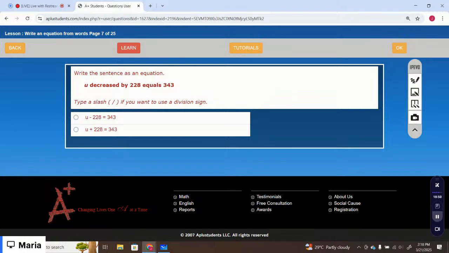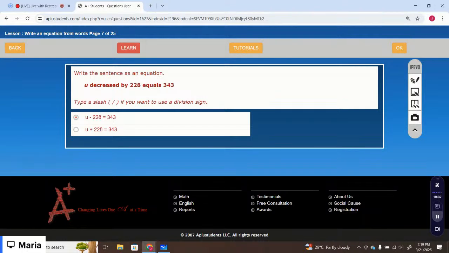Write the sentence as an equation. u decreased by 228 equals 343. Option number 1 is the correct option.